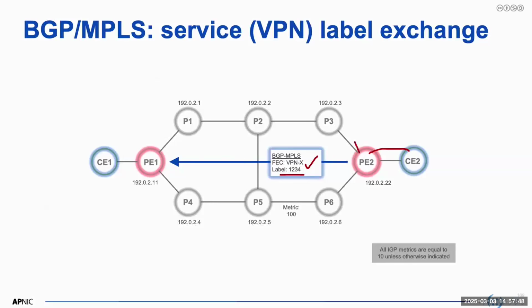This label is advertised to the other PE because we have configured this VPN here and this VPN here. Wherever we have configured this VPN, the PE routers will advertise this VPN label to all the routers. So they know that CE2 is attached to PE2.